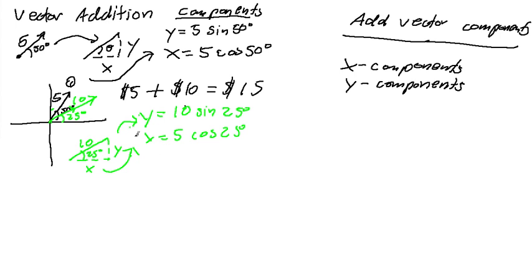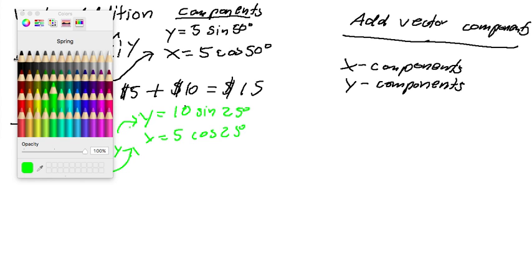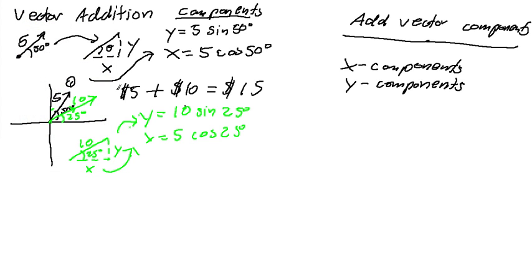So moving on with adding the vectors. Let's move back to x and y components. Let's add up the x components first. In order to add up the x components, you have to add up x1 plus x2. This right here was our x1, and this is x2, y1, y2.